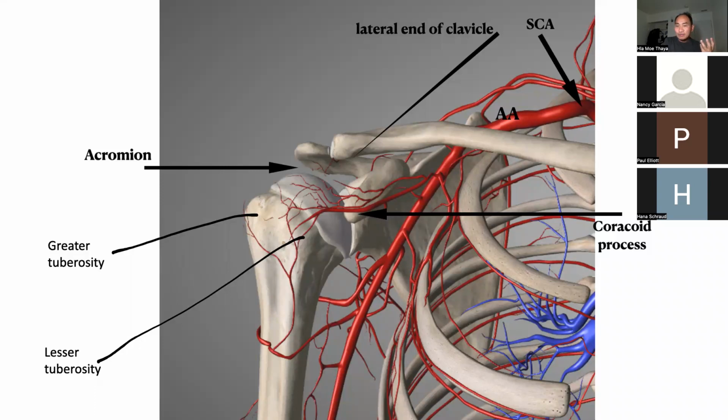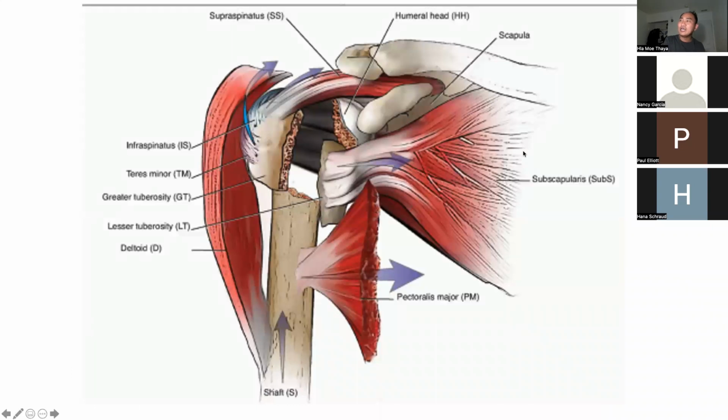So if we go back to this diagram again, we can see that the supraspinatus muscle is attached to the greater tuberosity. Infraspinatus is attached slightly more distal, and teres minor is attached most distal. These are attached to the greater tuberosity.